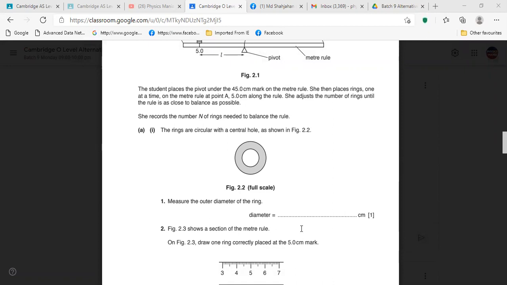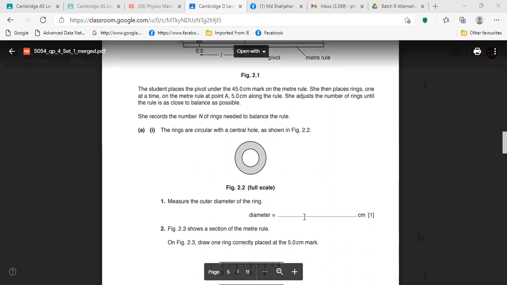Sir, outer diameter is like this. This is internal, and this one is outer diameter. Oh, yeah, got it. Yes, sir, 2.1. Okay, good.